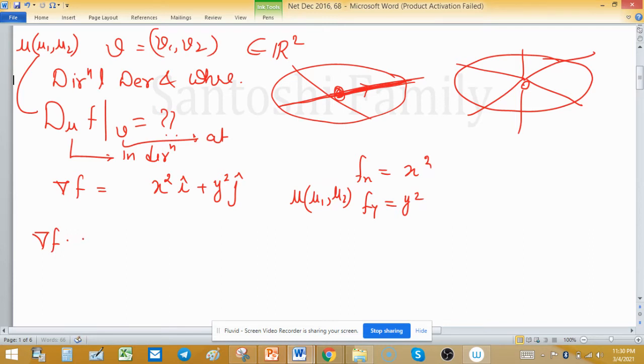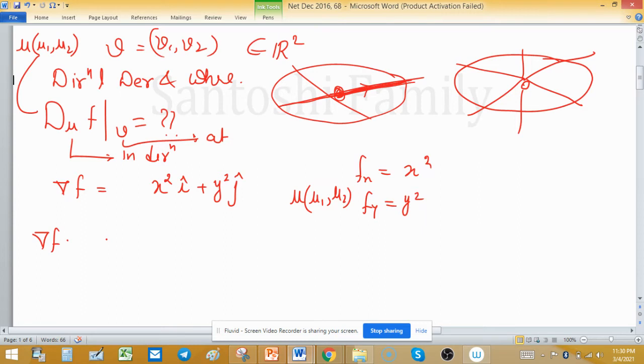I'm not saying vector u is a unit vector or not. u may or may not be a unit vector. Some examiners or research scholars take a unit vector when they find directional derivative, but it is not a fixed concept to find directional derivative only in the unit vector direction.